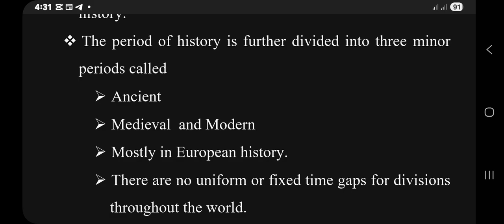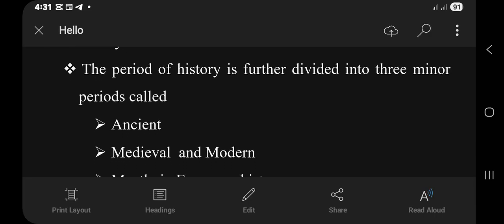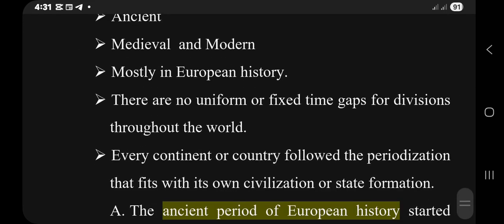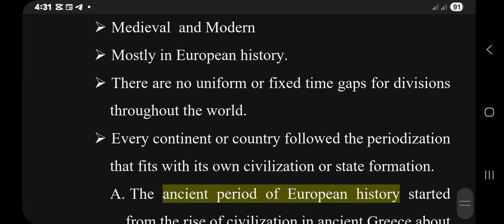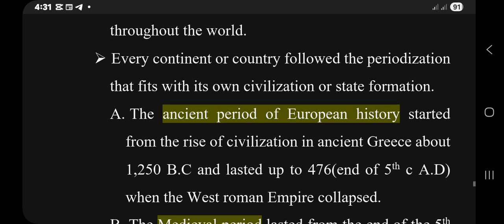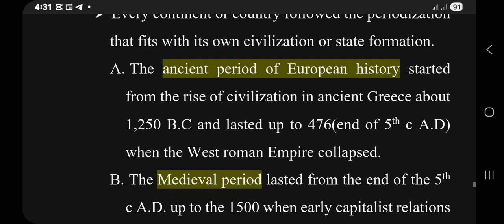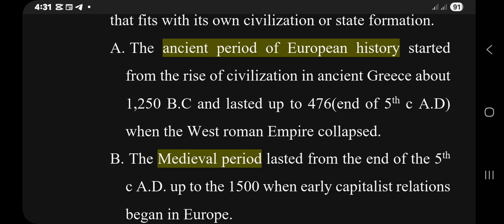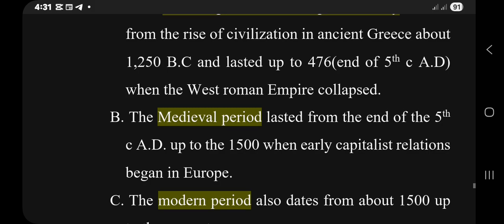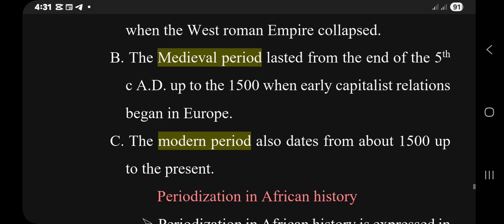European history is divided into three periods: ancient, medieval, and modern. Ancient European history is from 1250 BC and lasted up to 476 AD, whereas the medieval period lasted from the 5th century to 1500, when early capitalist relations had started.